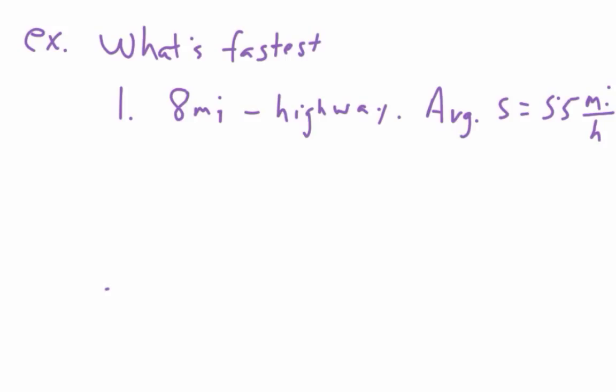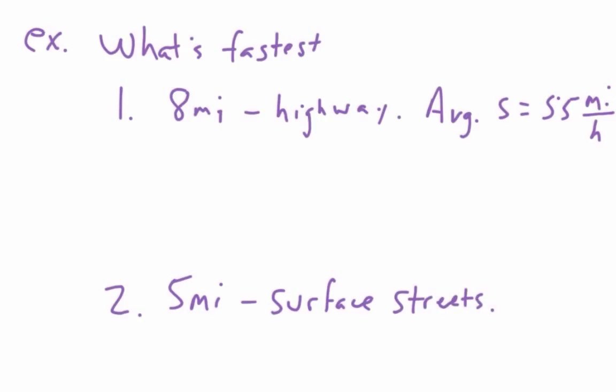So that's one route. My second route is shorter. I could take the straighter way there, and it's only 5 miles. This is normal roads, surface streets, non-highway. But now my average speed is just going to be 30 miles an hour.